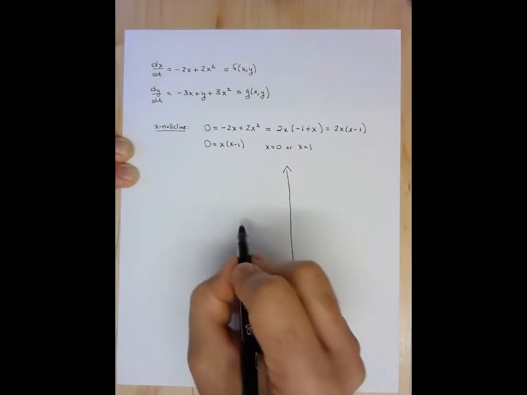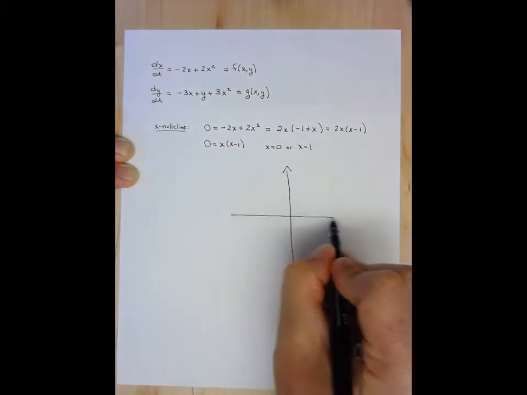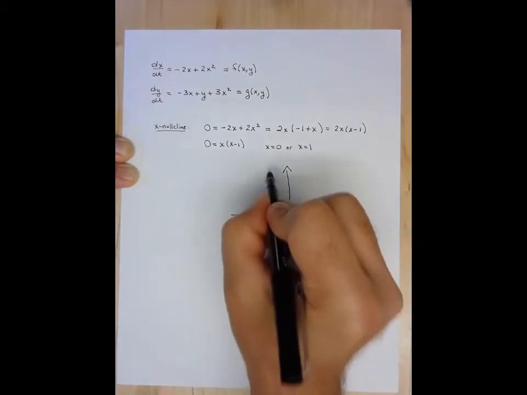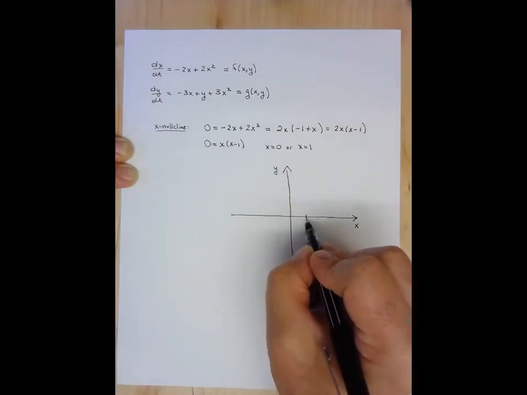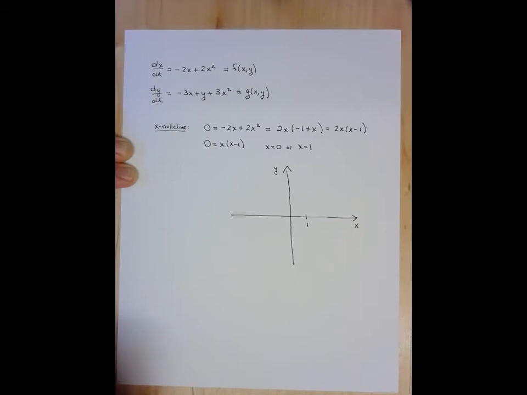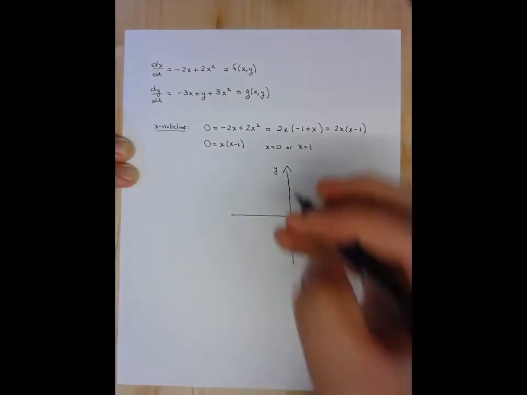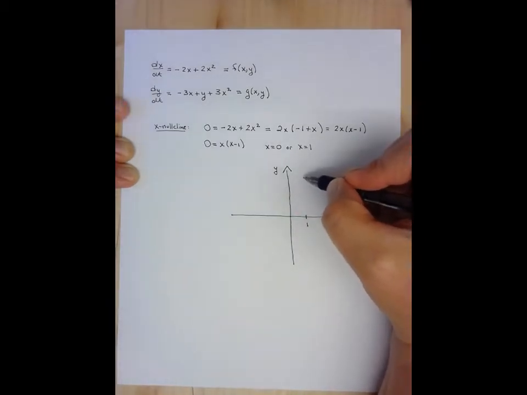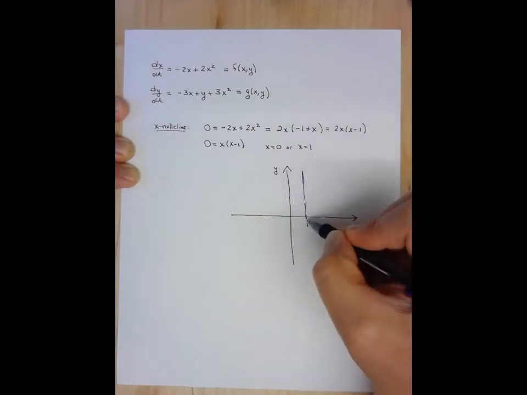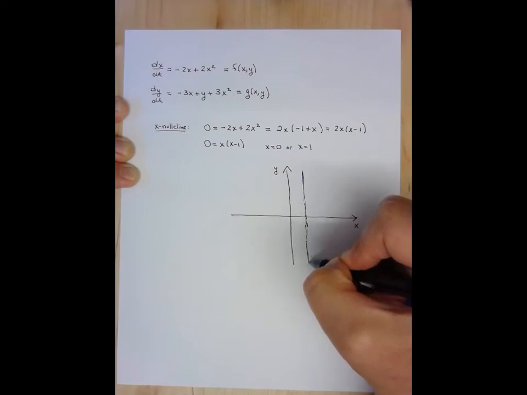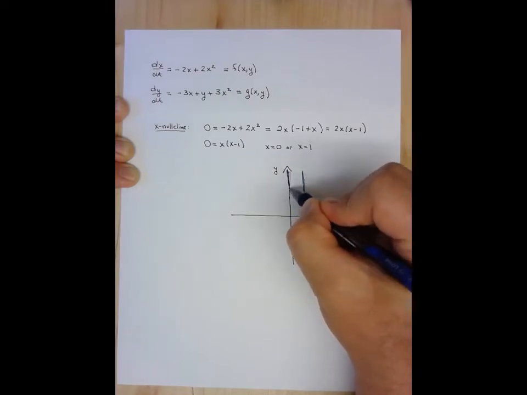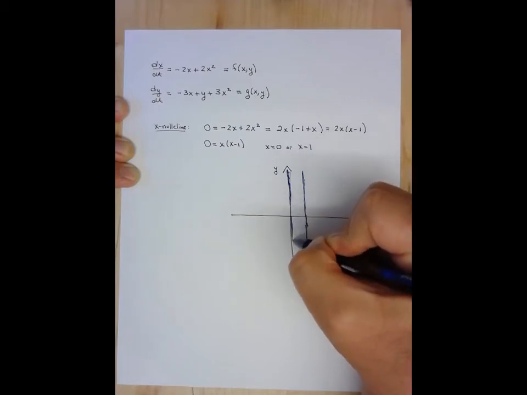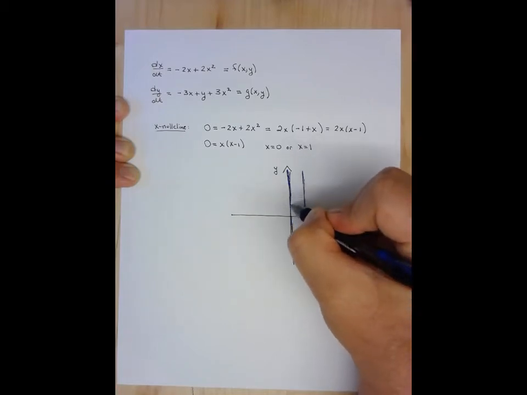This is the y-axis and the x-axis. And if this is the point 1, then the x nullcline, if I sketch it in blue, will be this vertical line going through x equals 1, as well as a vertical line going through x equals 0.